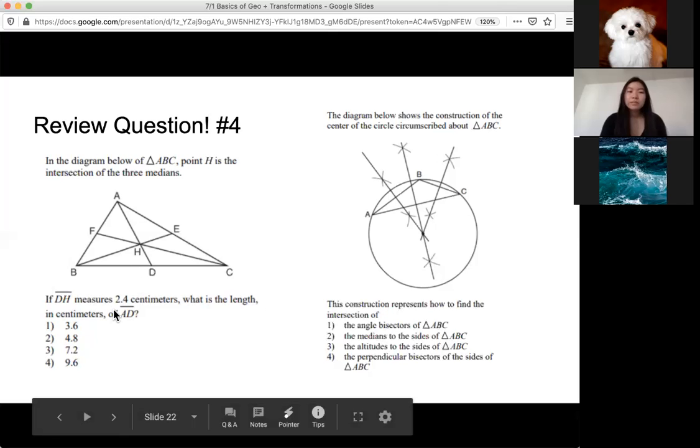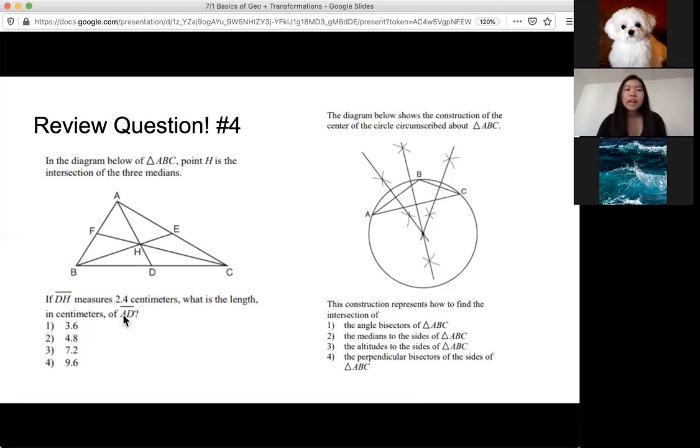So 2.4 times 2 equals 4.8. However, they're asking for AD. Because I already found AH, which is 4.8, we add that to 2.4 in order to find the whole line, which is AD. 4.8 plus 2.4 would be 7.2. So it'd be answer C.